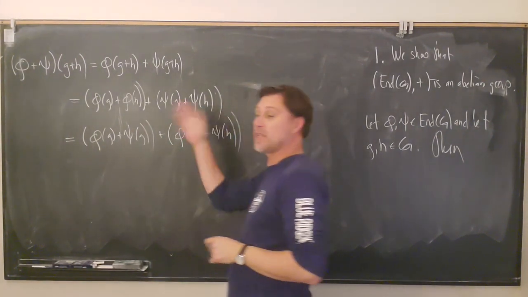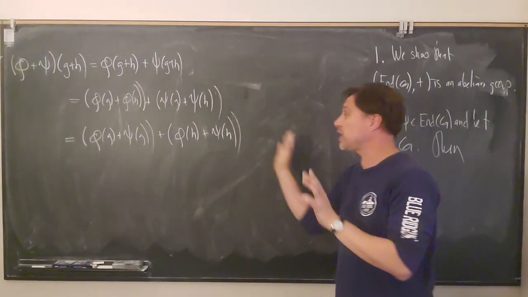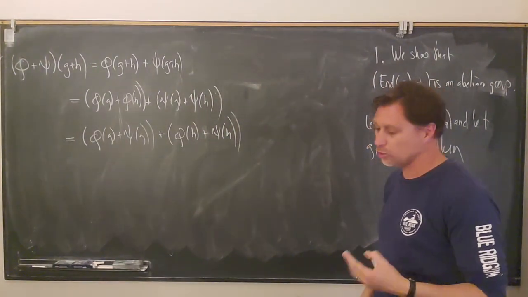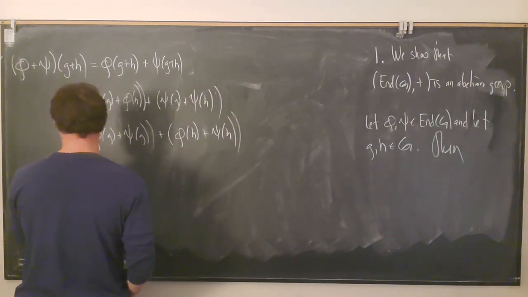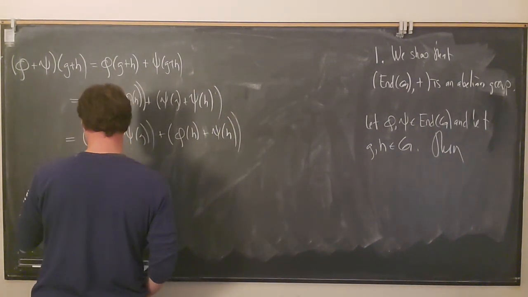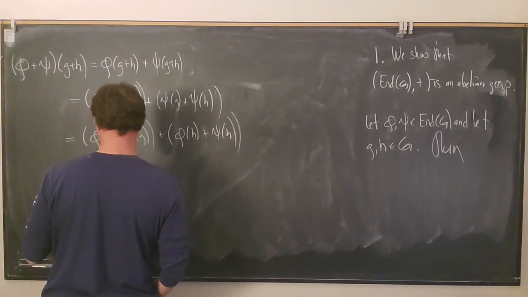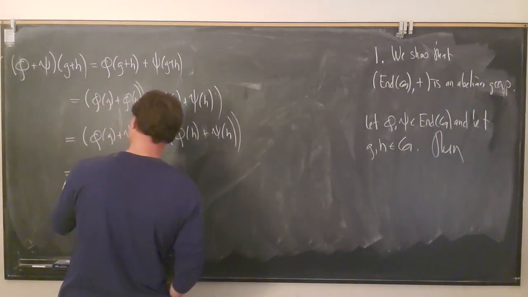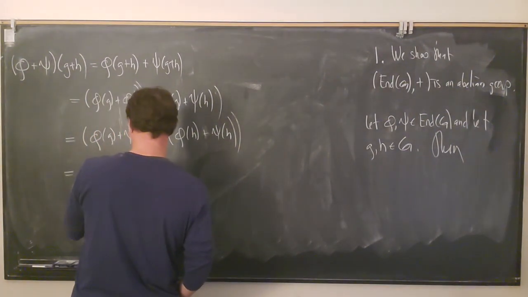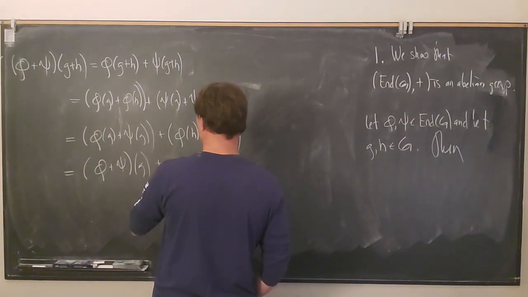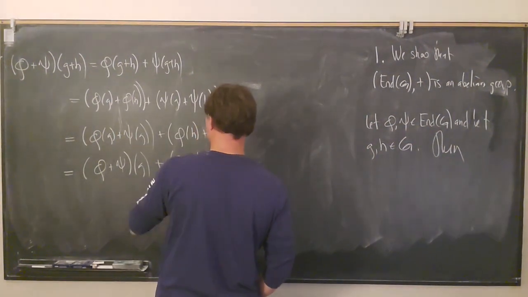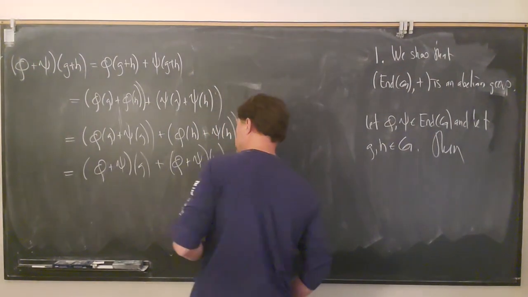I'm using associativity of addition in capital G to move these things around and group them as I like. Now what's this? Well, this is phi plus psi of g, and this one is phi plus psi of h.